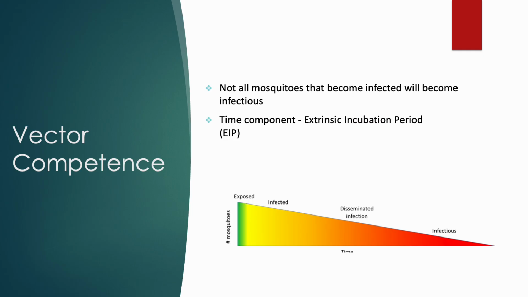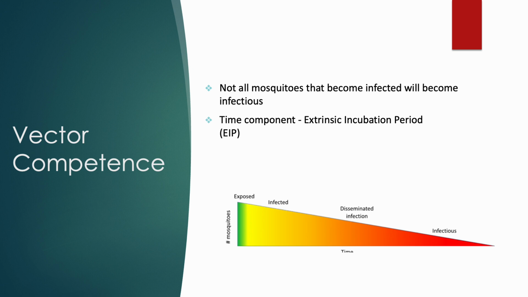With this given graph, you can reference time on the x-axis and number of mosquitoes on the y-axis. If you expose 100 of these mosquitoes, it's possible that 60% of them will transmit after a certain amount of time.